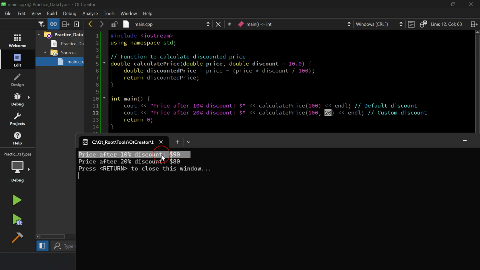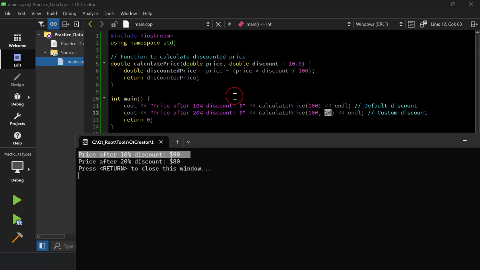However, in the second case, because we are calling the function with the second argument as well, this 20% is going to be set to the discount instead of 10. Now discounted price equals 100 minus 100 times 20 divided by 100, and therefore the output would be 80.